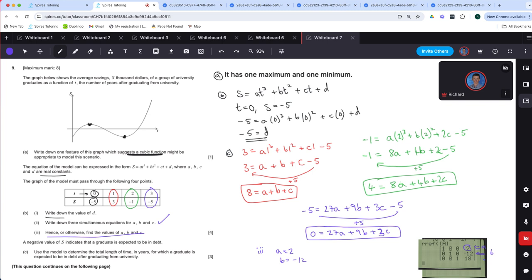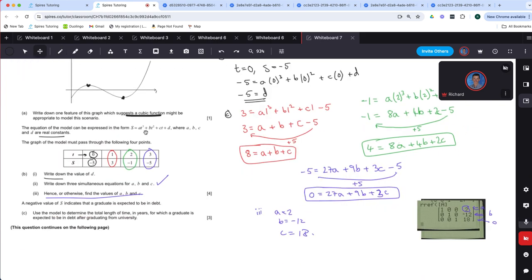This one, so this one is A, this one is B, and this one is C. Okay, so for the last part, so our model, we know what our values are, so we can write down our model for part C. It's S equals, so A times T cubed, so 2T cubed, and the 2 is from here, and plus B times T squared, so it's -12T squared plus 18T.